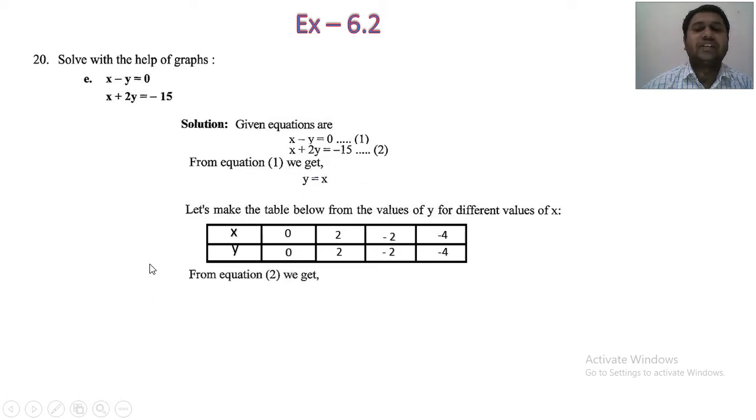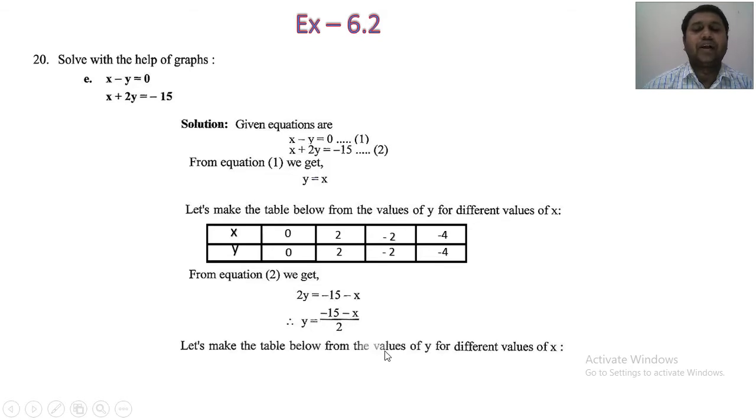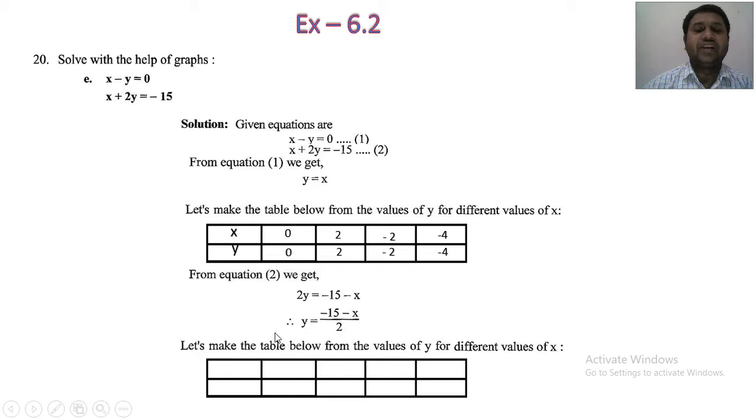Similarly, from the second equation, we can say that 2y equal to minus 15 minus x, that is, y equal to minus 15 minus x, divided by 2. That means by using this equation, we can make a table of y for the different values of x. So here x, y.